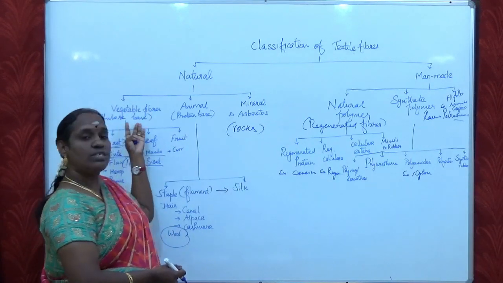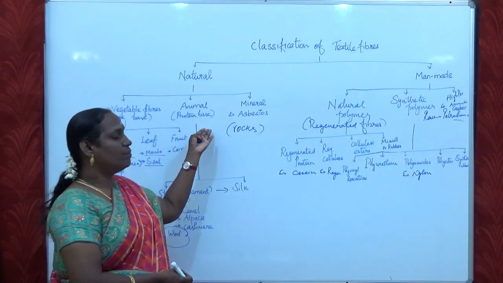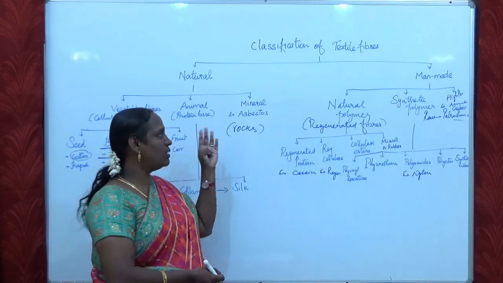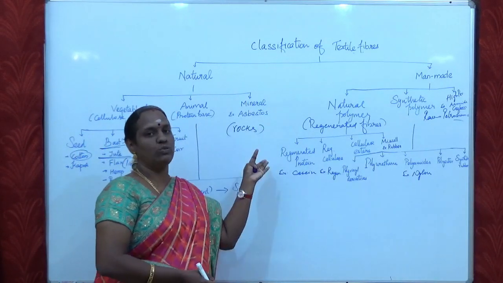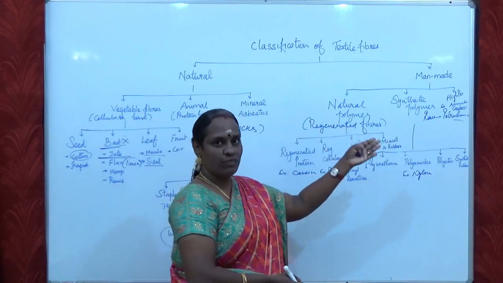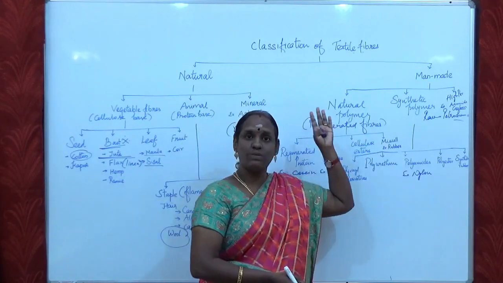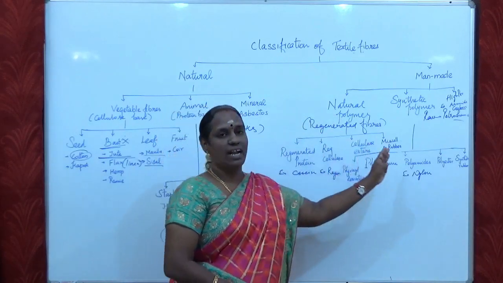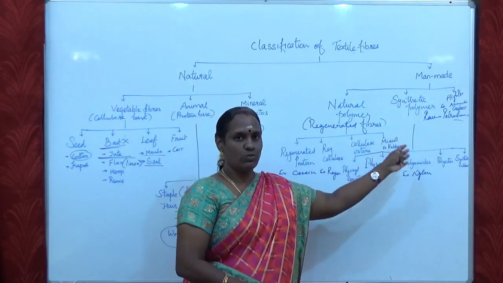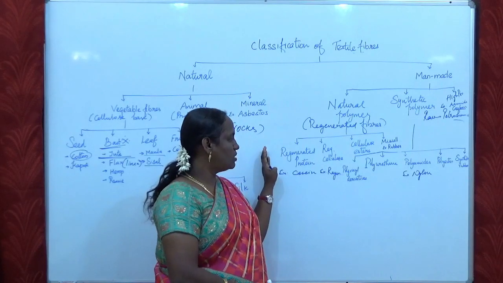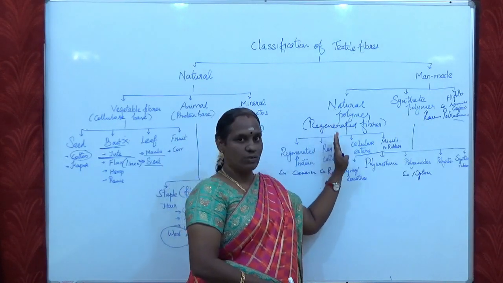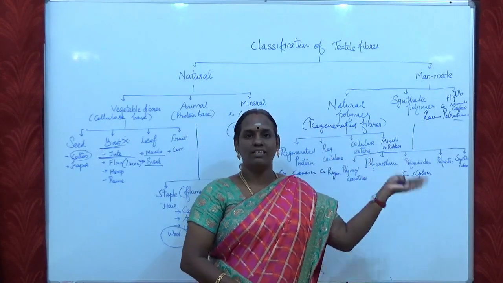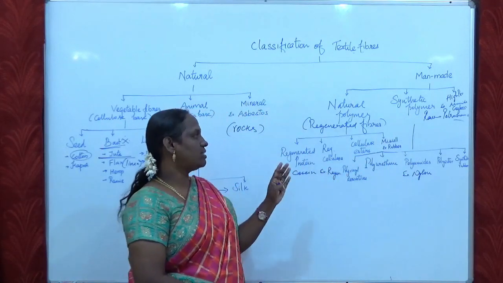The vegetable fibers are known as cellulose fibers, animal fibers are known as protein fibers, and mineral fibers are the least used natural fiber. And in case of man-made fiber, there are two types, natural polymer and synthetic polymer. The natural polymer are again categorized into 3 plus 1, that is protein, cellulose, cellulose esters, and the miscellaneous, that is rubber, like that.